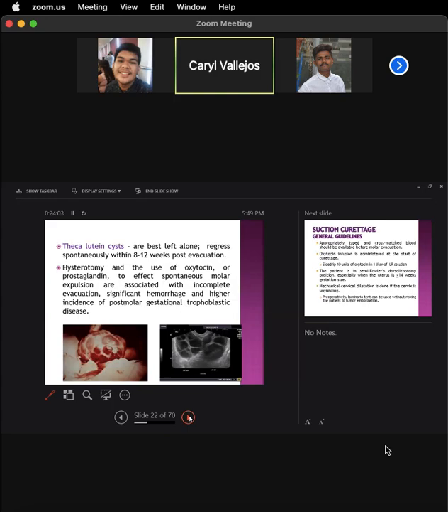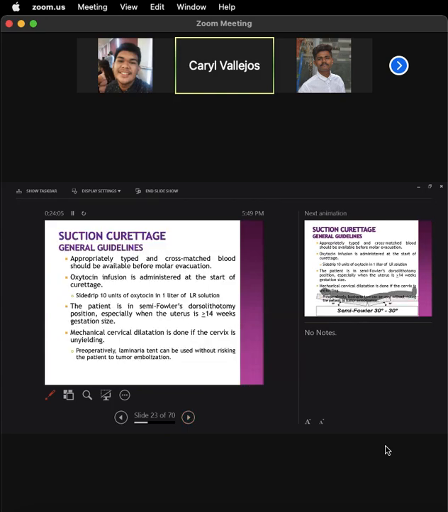So how would you do your suction curettage? Appropriately type and cross-match blood should be available before molar evacuation. Oxytocin infusion is administered only at the start of your curettage if you are ready in doing your curettage and not prior to doing your curettage.